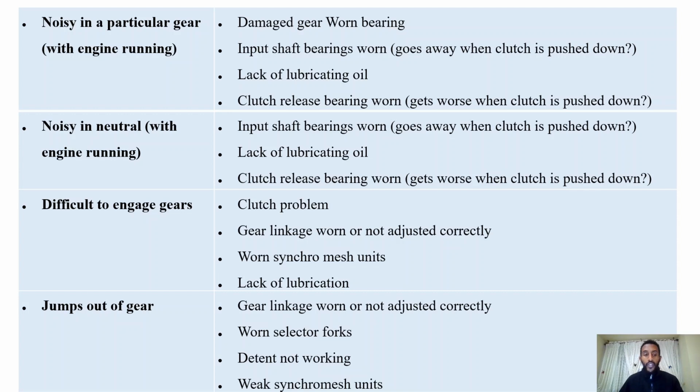The last one, jump out of gear. For jumping out of gear, the causes are detent not working, worn selector fork, gear linkage worn or not adjusted correctly, or a weak synchronizer unit. If you observe here, most problems are caused by lack of lubrication, lack of lubrication, lack of lubrication.